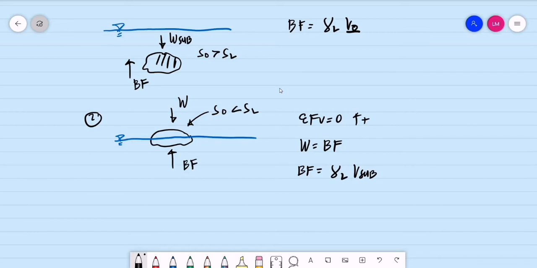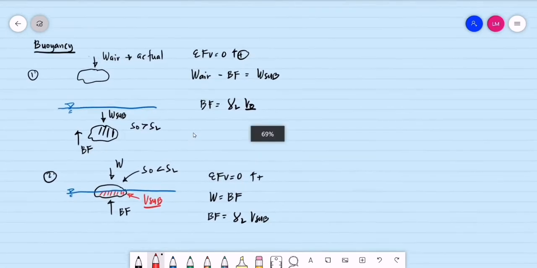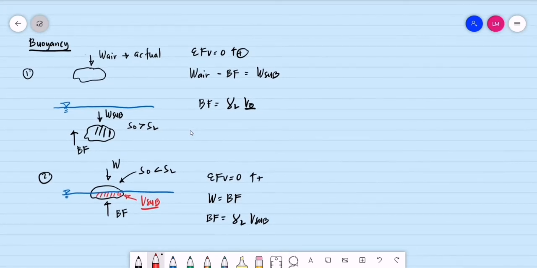Take note that we are just dealing with the submerged portion of the object. So this is the volume submerged. And the weight of the object is basically equal to the weight of the liquid replaced. So these are the two main cases of buoyancy in the civil engineering board exam.